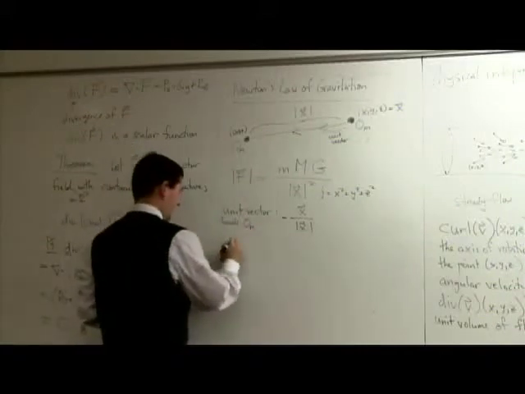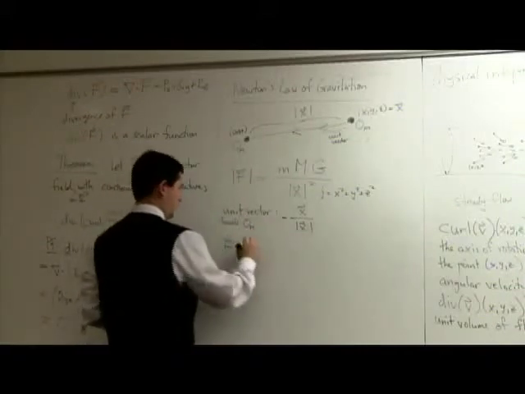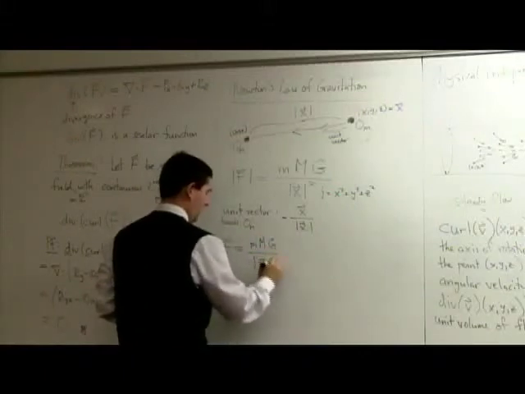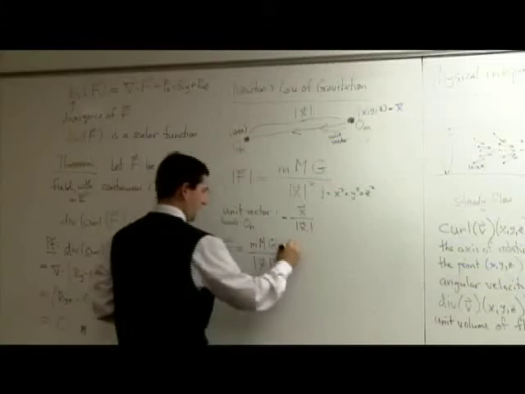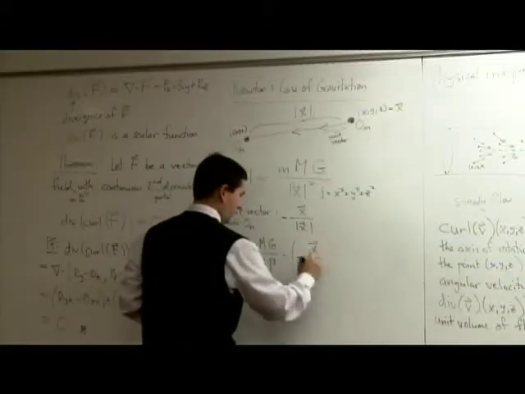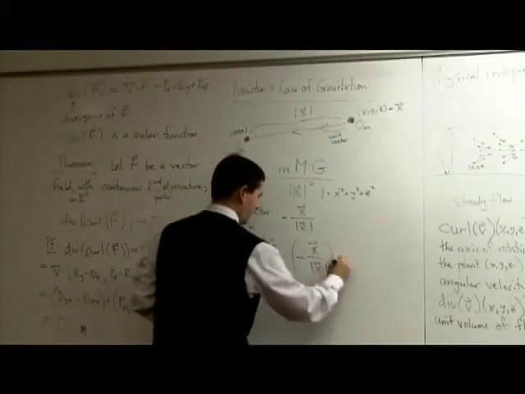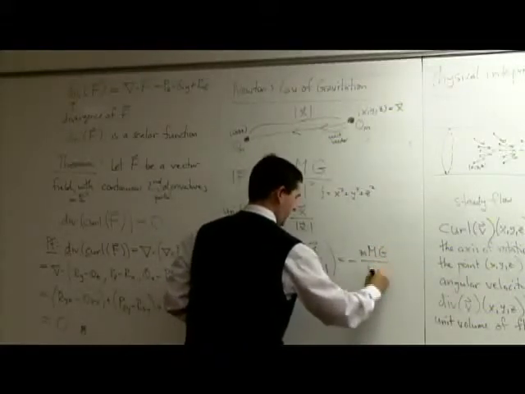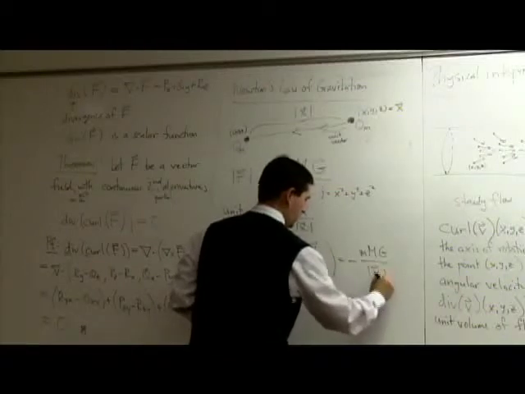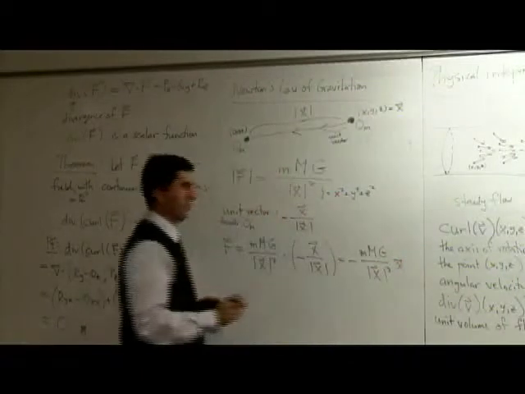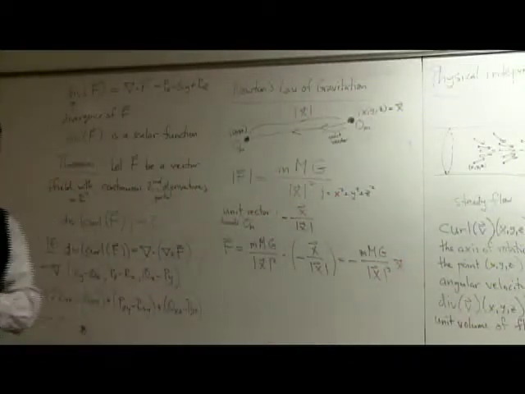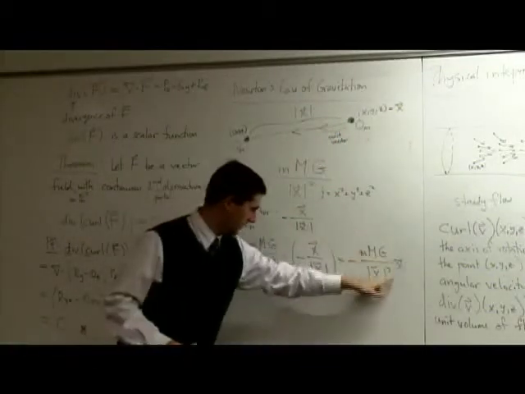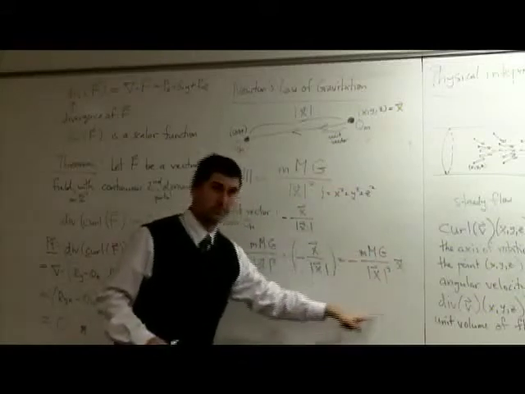So, F itself has to be little m big mG over the norm of x squared times minus x over the norm of x, which is negative mMG over the norm of x cubed times the vector x. So this negative x tells you you're going this way, and then this is the magnitude of the force.